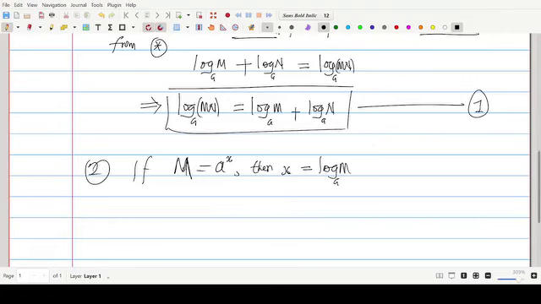Now, in this statement over here, in the place of x, I will put this log expression. That means that I will be having m equal to a, in place of this x over here, I will put the expression of the log. So we have a to the power log to the base a of m.